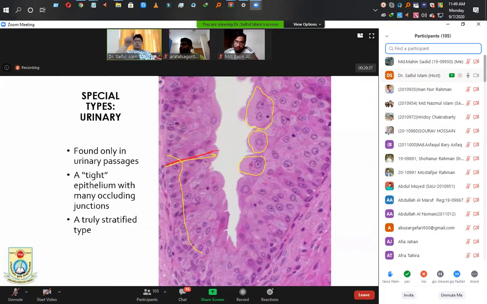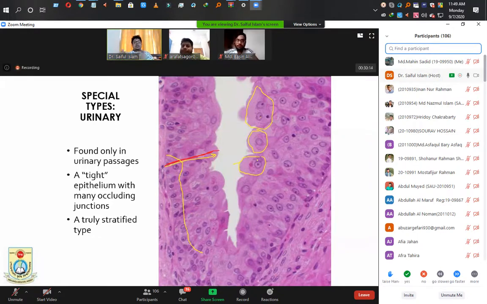So these cells are dome-shaped in the top layer and look low cuboidal. When it is empty, the number of layers will be 5 to 6. But when it is full, it will be squeezed, and there will be only 2 or 3 layers.